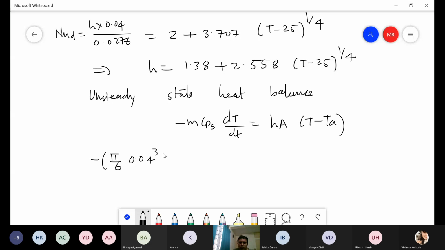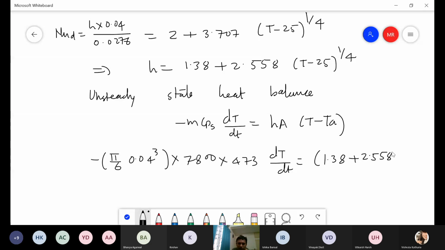So this is the volume, multiplied by density. Density is given as 7800, multiplied by Cp. Cp is given as 473, correct? dT by dt, and h we have already calculated, that is 1.38 plus 2.558 in the bracket (T minus 25) raised to the power 1 by 4.